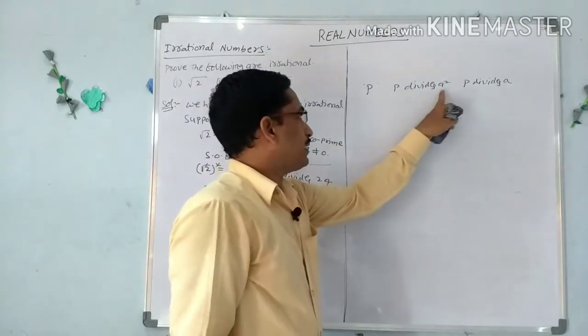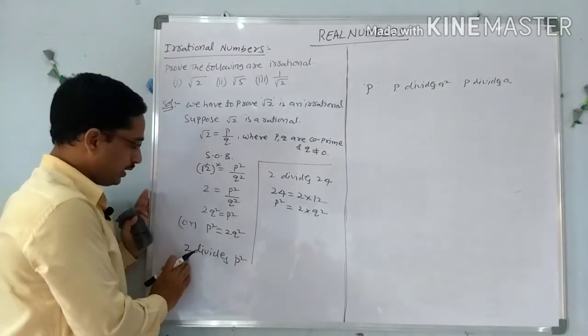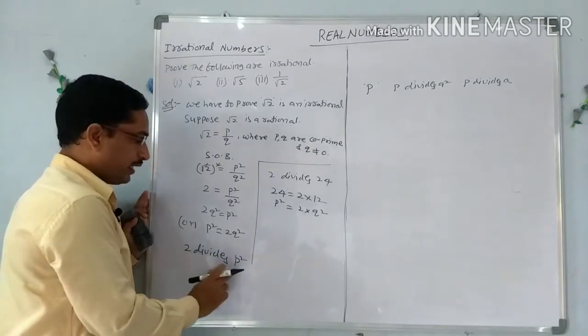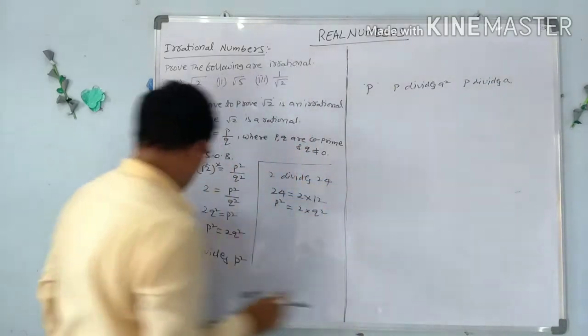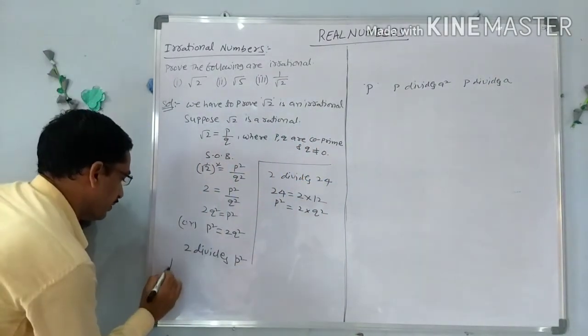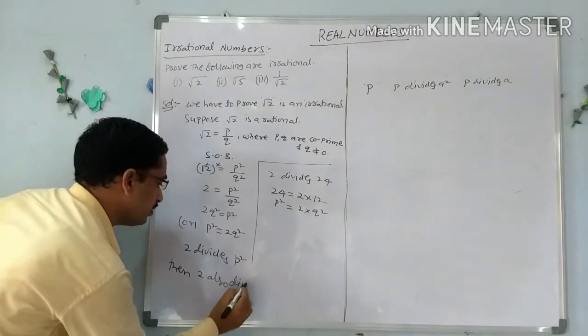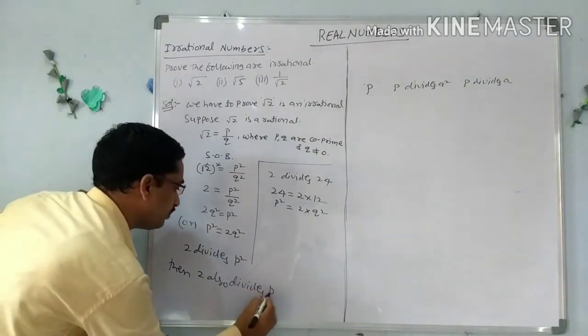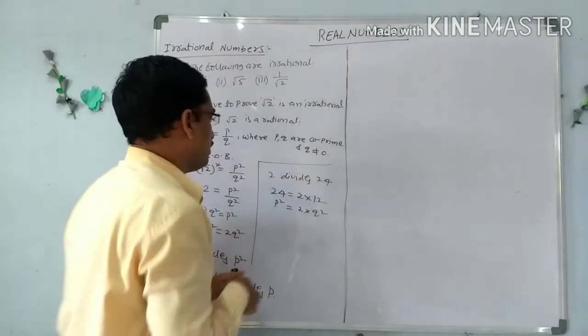So p means here 2, and 2 is a prime number. 2 divides p square, then 2 also divides p.